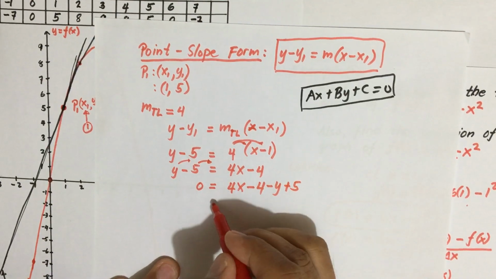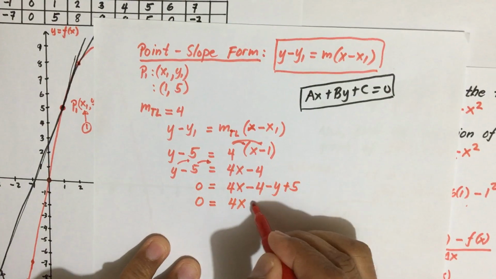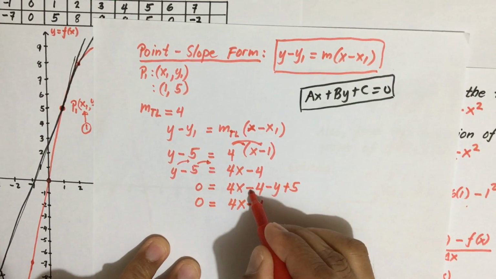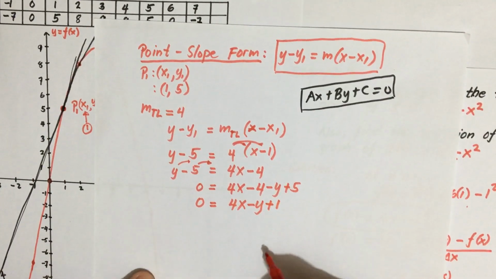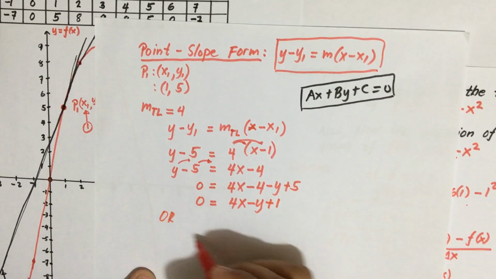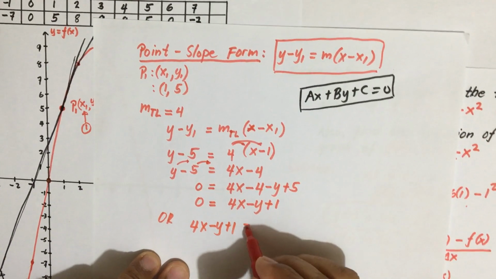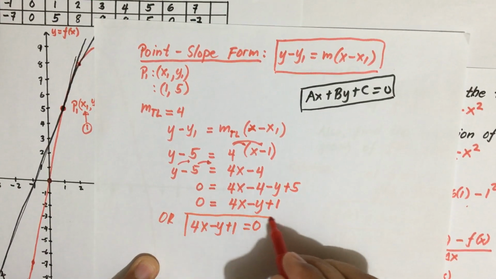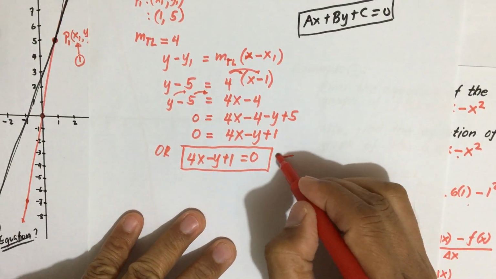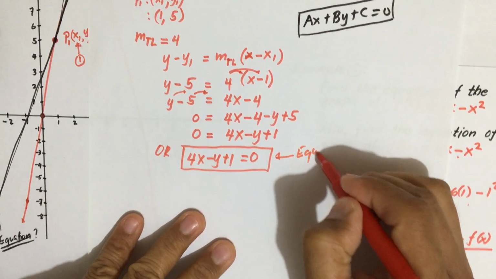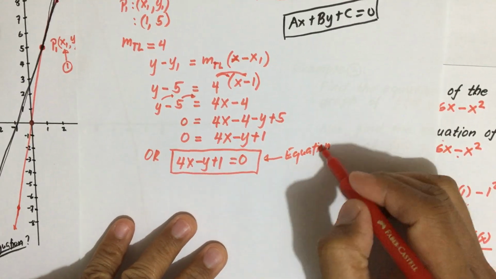Okay, and then rearranging, 0 equal to 4x, then followed by y. So minus y, we have minus 4, and we have positive 5, so this is plus 1. Or you can rewrite this as 4x minus y plus 1 equal to 0. So this is the equation of the tangent line.